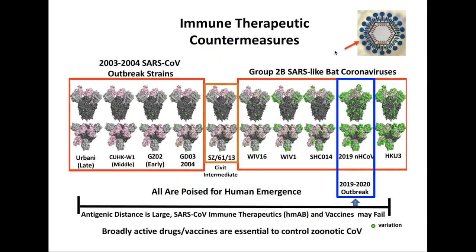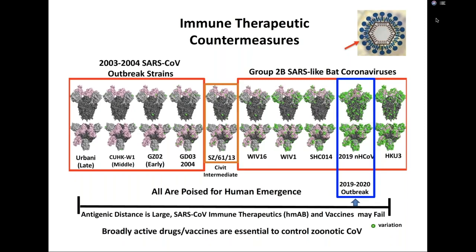In the next slide, I show the amount of the accumulating variation shown by green dots superimposed onto the SARS coronavirus spike glycoprotein structure. The SARS 2003-2004 outbreak strains are shown in the red box on the left.